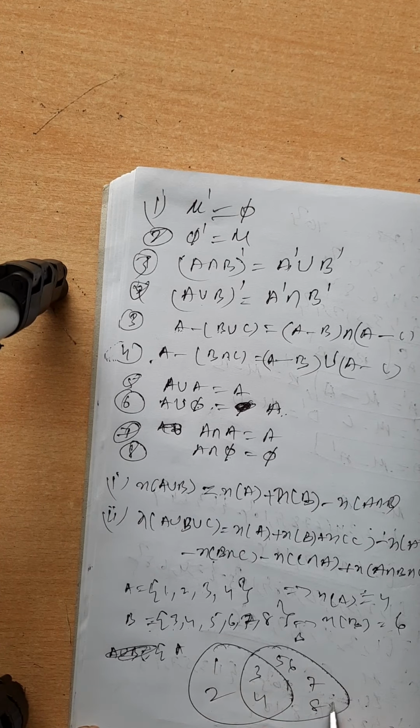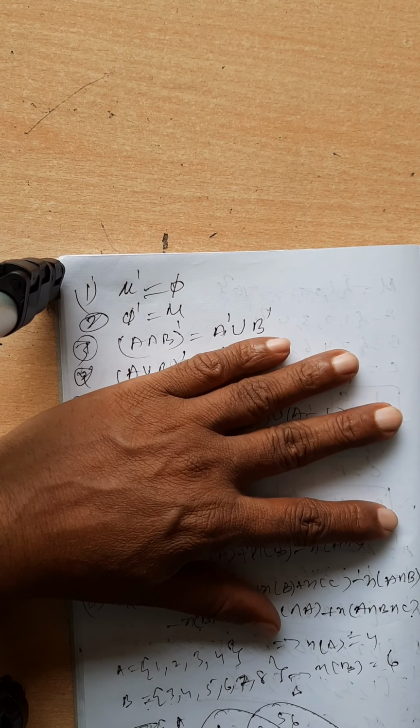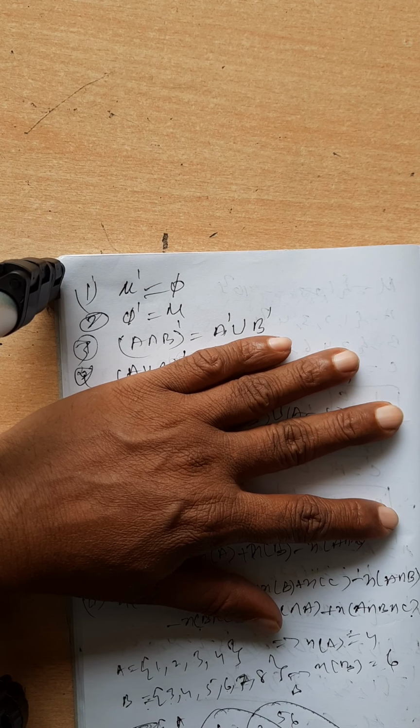So A union B means all elements: 1, 2, 3, 4, 5, 6, 7, 8. This is the set A union B.